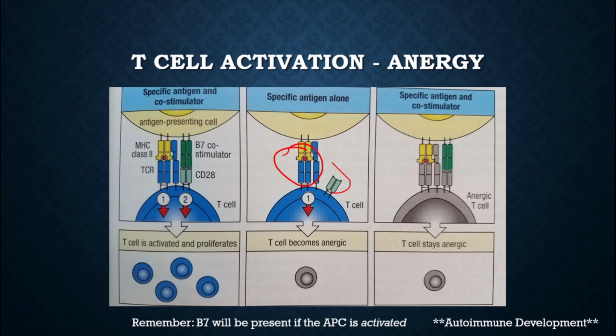Since self-proteins won't activate the dendritic cell, it won't express that co-receptor. Because it doesn't express that co-receptor, a T cell will not be activated by interacting with it. Does that make sense? That's how we get tolerance. You can display a self-peptide, but you won't activate a T cell because that dendritic cell wasn't activated. Make sense?